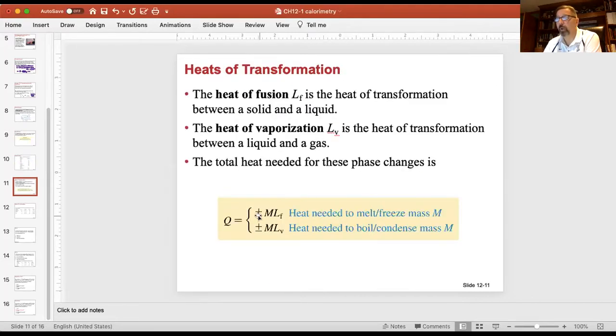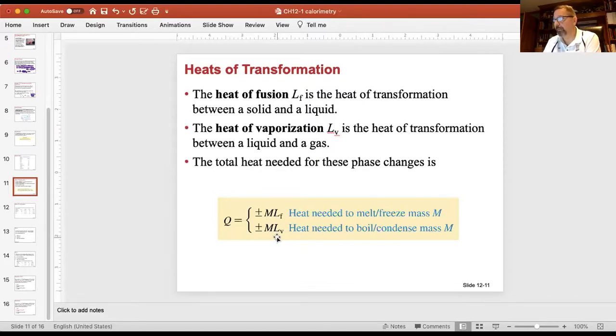Heats of transformation. Now we're talking about a phase change. And again, from last time, the heat that is required to cause a phase change is the mass times this thing called the heat of fusion or the heat of vaporization, L sub F or L sub V. I think the word L comes from the word latent heat of fusion.